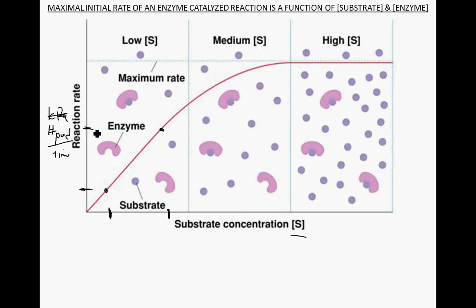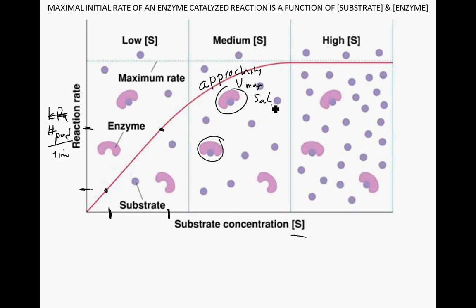In this center panel, as I keep increasing the substrate concentration, I'm seeing that my enzymes are becoming saturated, but not quite saturated yet. And so at this point, we are approaching this Vmax. We're approaching saturation. Not quite there yet, but we're approaching it. Right?